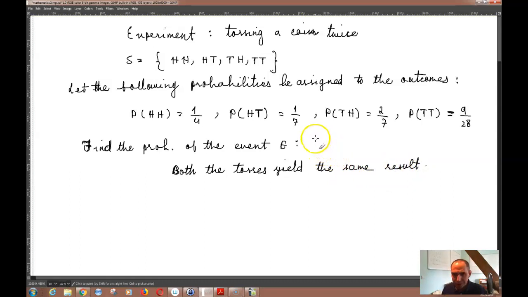What that means is that from among all of these outcomes, E would be equal to either HH or TT, and those are the two outcomes that favor this event.